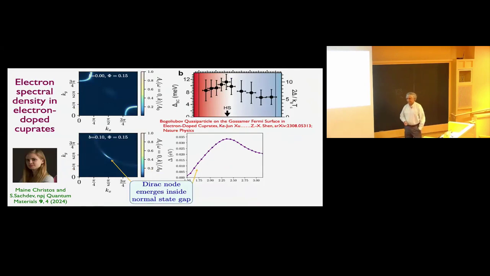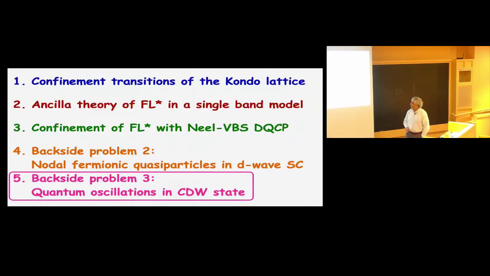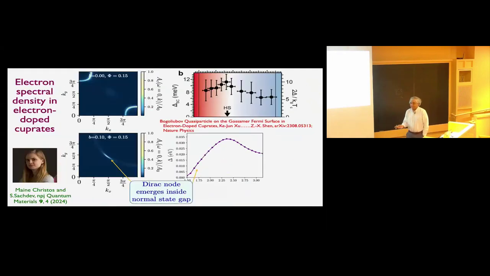First, I have to get ZX to sign on to this and agree to look for this. I don't know. He has his own theory. But anyway, we have an example of a really interesting phenomenon where you can go from a metal which is fully gapped in the normal state, and it becomes gapless in the superconducting state. So that's a falsifiable prediction.